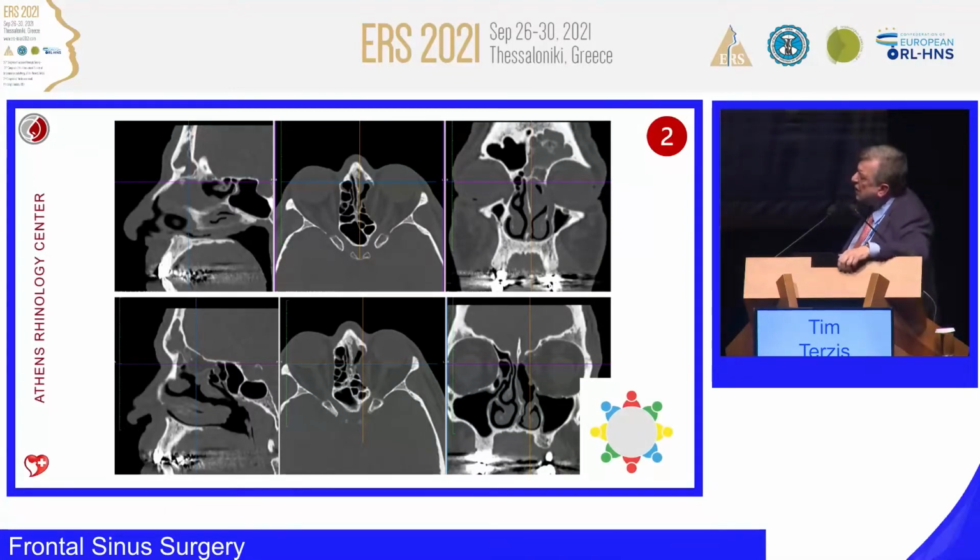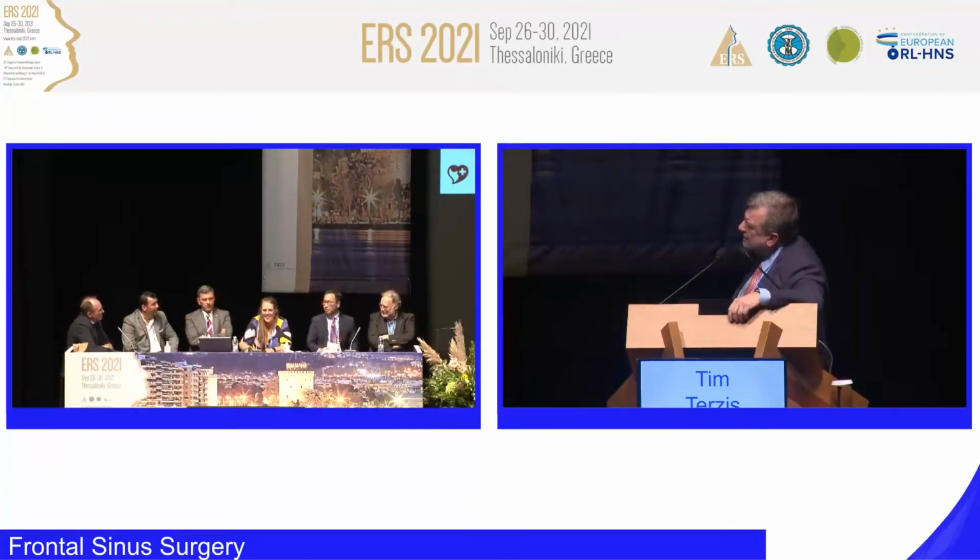So how would you comment on this? Wytske? Well, you obviously see that something seriously happened 35 years ago, and part of the orbital content, mostly fat, but also almost the medial rectus muscle, is sort of pushed into the ethmoid.